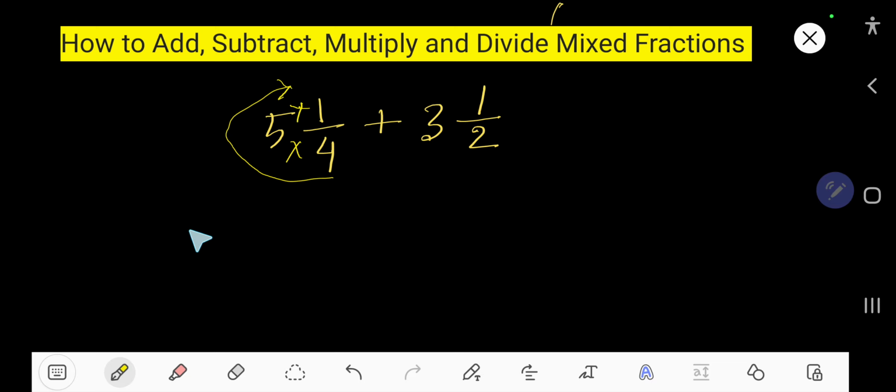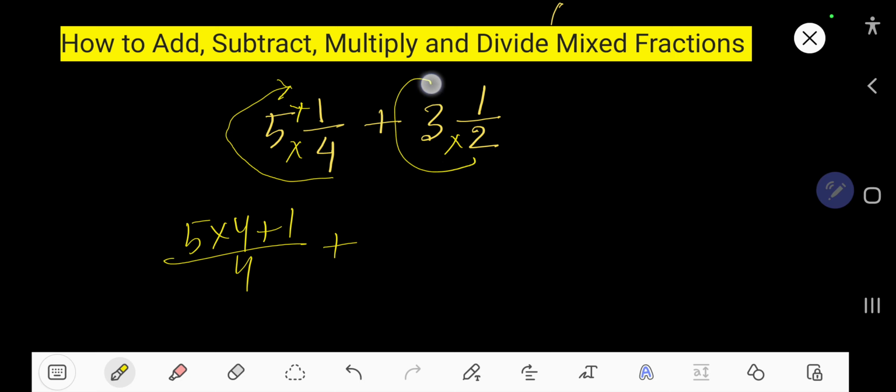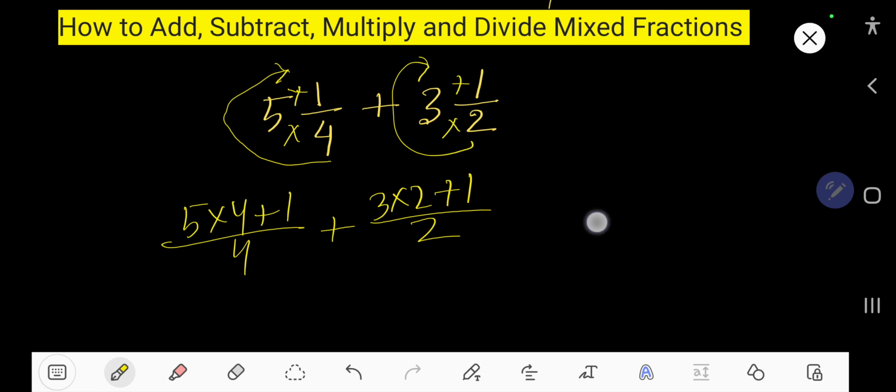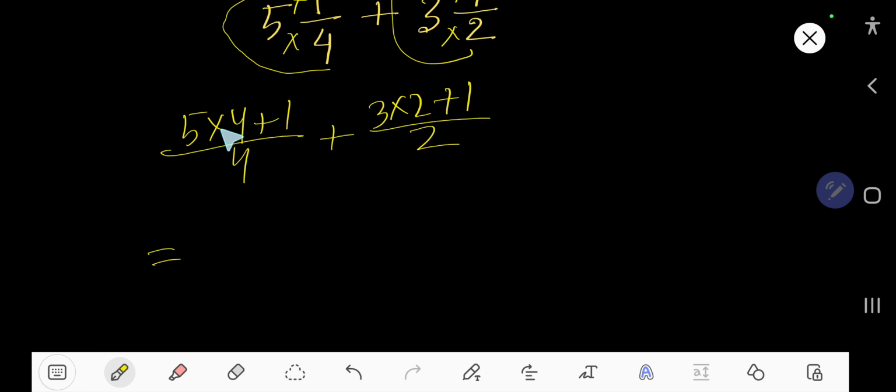So look, 5 times 4 plus 1 divided by 4, and you need to do the same thing for here. 3 times 2 plus 1 divided by 2. Now solve. 20 plus 1, 21 divided by 4 plus 6 plus 1 divided by 2.